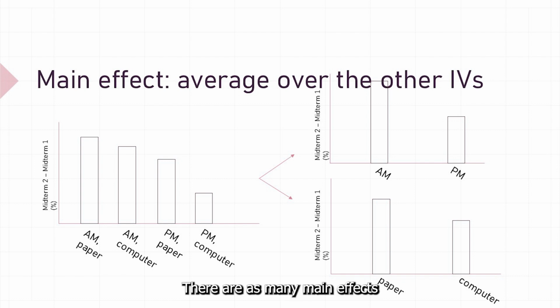There are as many main effects as independent variables used in the experiment. Again, in our hypothetical study, there are two main effects: the main effect of type of note-taking and the main effect of the time of the study.